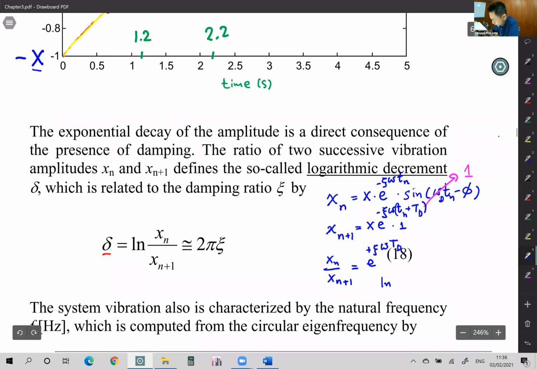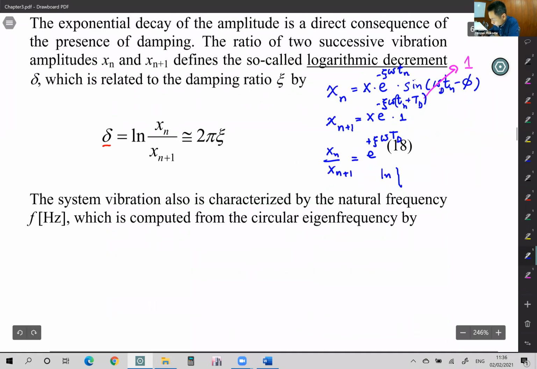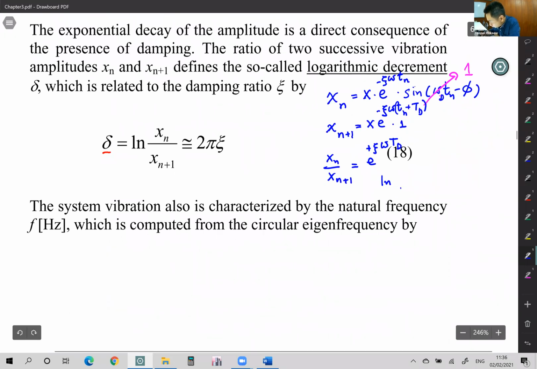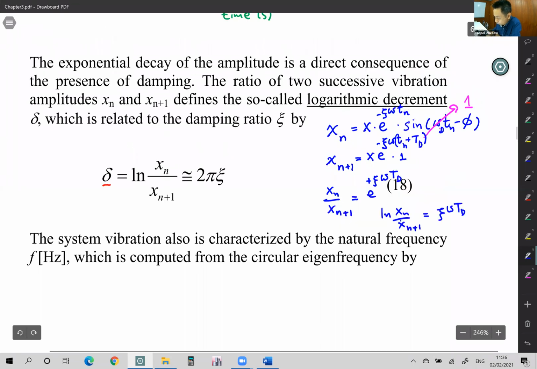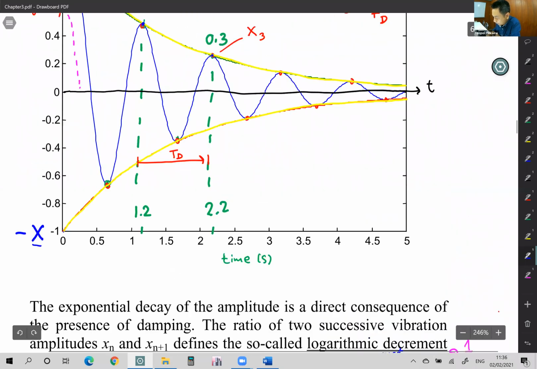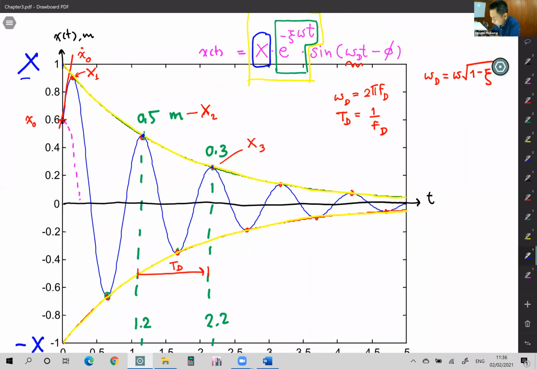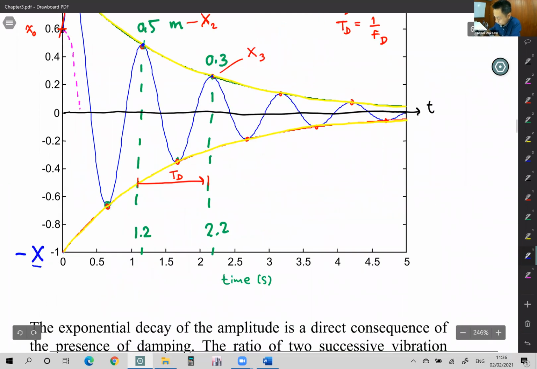So the ln of xn over xn plus 1 is going to be something like psi omega TD. And now you know that TD is what? TD is 2 pi over omega d, something like this, right?